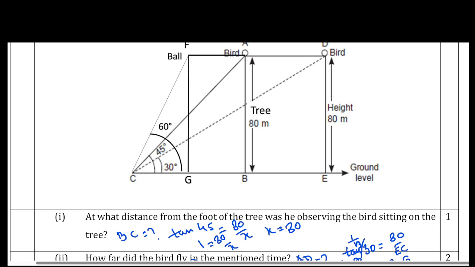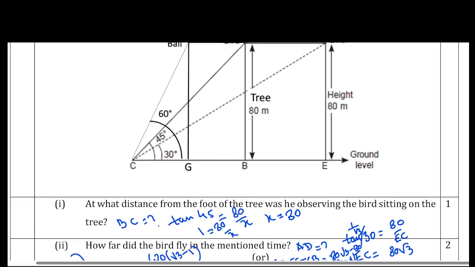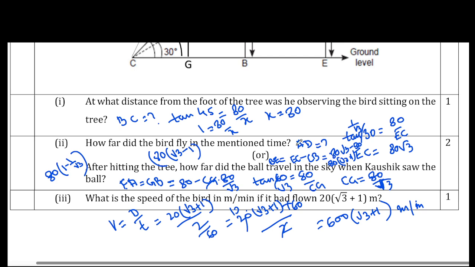Subtract that, and you will get the value of BE. That means this much distance the bird flew. So BE equals EC minus CB, 80 root 3 minus 80, which means 80 bracket root 3 minus 1 distance.